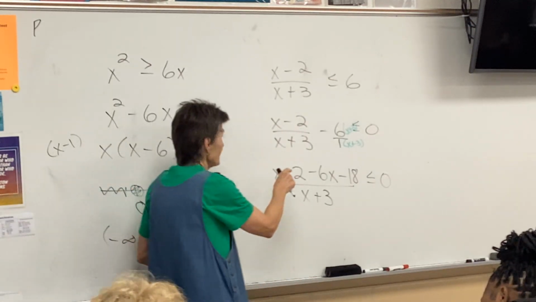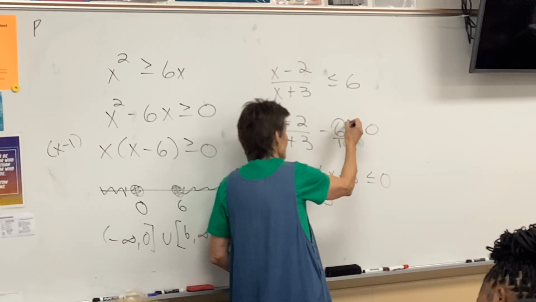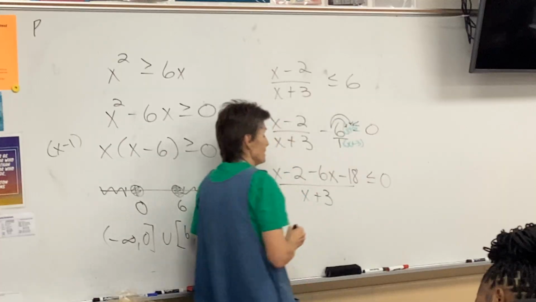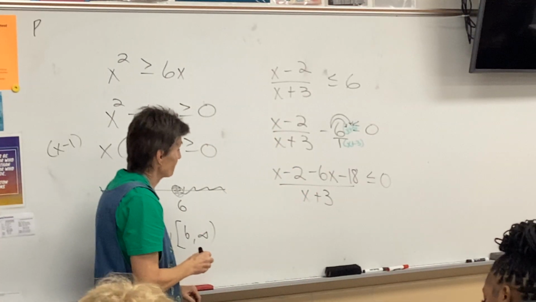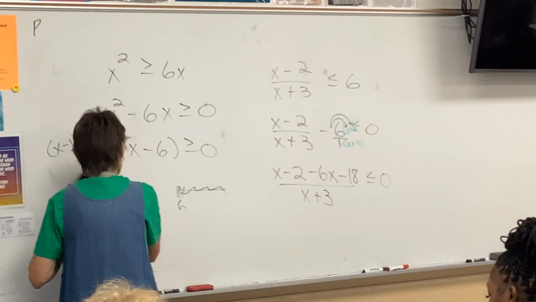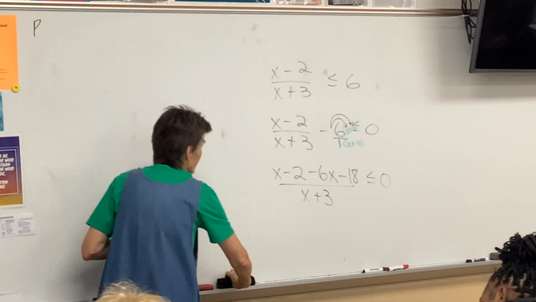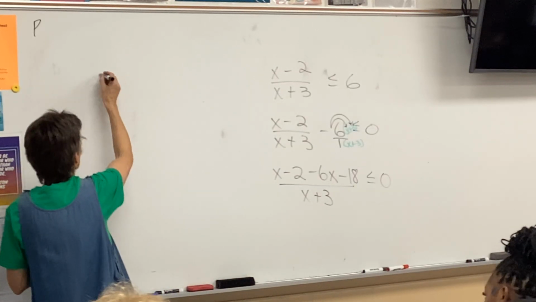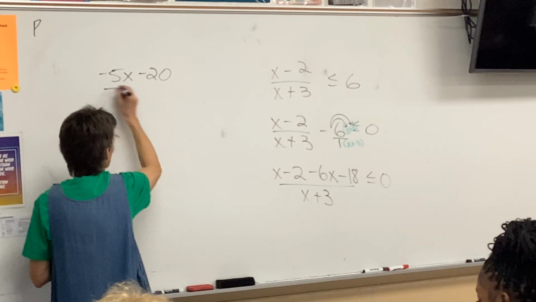We're distributing minus 6, so minus 6x minus 18. All right, let's clean up that numerator. What is that? Negative 5x minus 20.